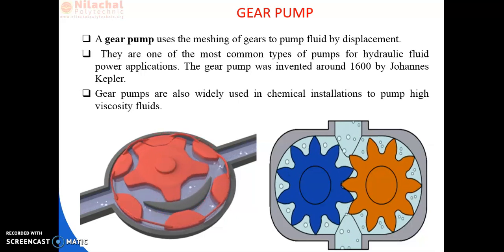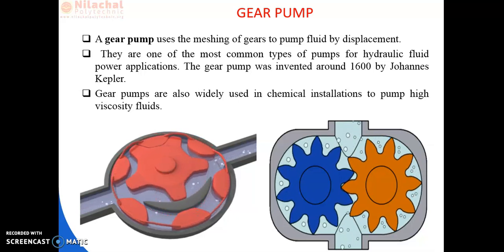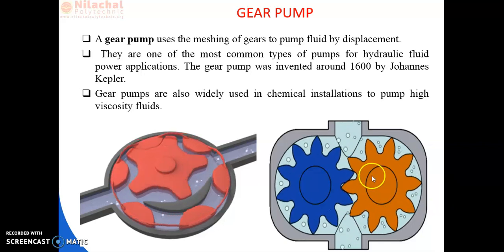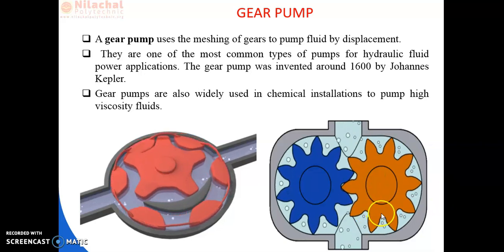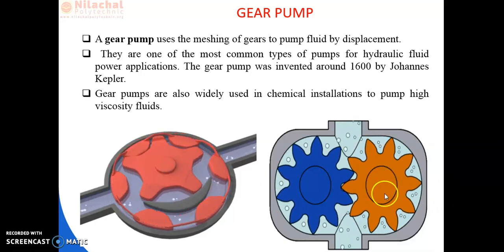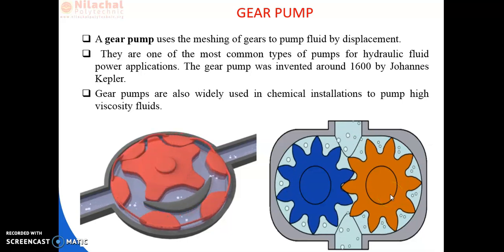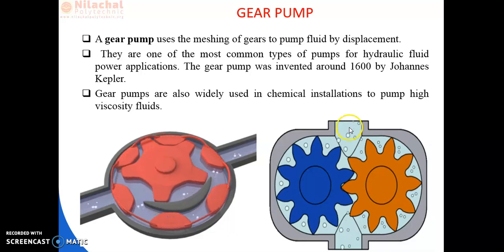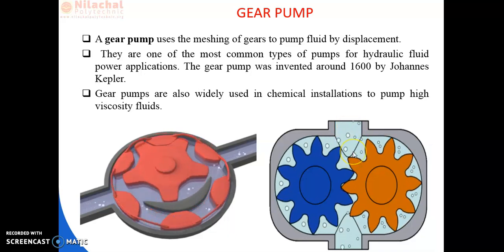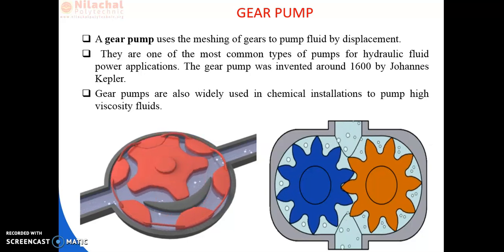After that, the gears continuously rotate, and thereby we are increasing the pressure of the liquid, and we get high pressurized oil at the outlet. In this way, the low pressure oil is converted into high pressurized energy.